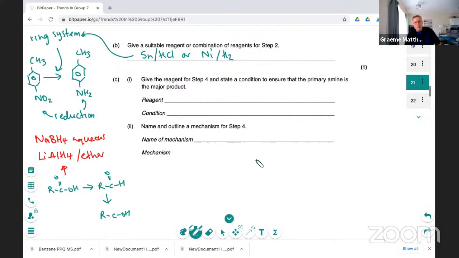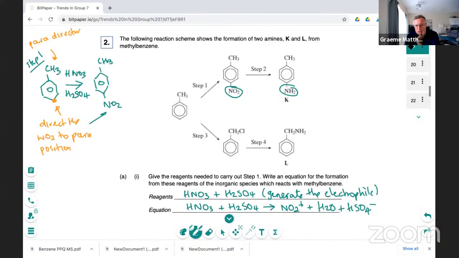Meanwhile, they said give the reagent for step 4 and state a condition to ensure the primary amine is the major product. Well, let's have a little look. So here we are then. I've got this going into that. Hold on, I've got to get this down.